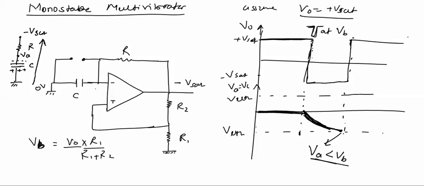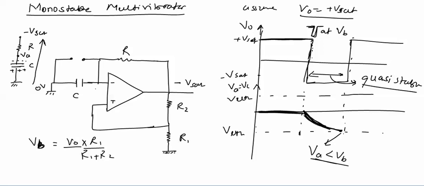And if the output again goes to plus Vsat, it has reached its stable state again, and the other state is called unstable state or quasi-stable state.